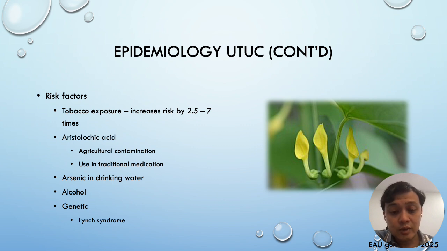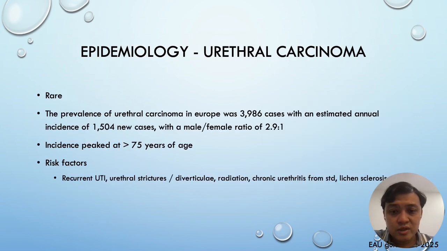In Taiwan, arsenic in drinking water was also shown to increase the risk of UTUC, and since they have taken measures to reduce arsenic, the incidence has dropped in Taiwan. Alcohol and genetics are also important components, particularly HNPCC or Lynch syndrome. Urethral cancer is quite rare.